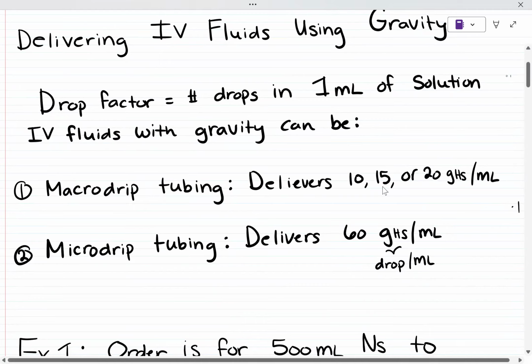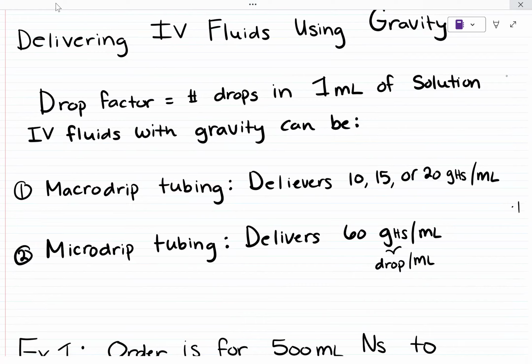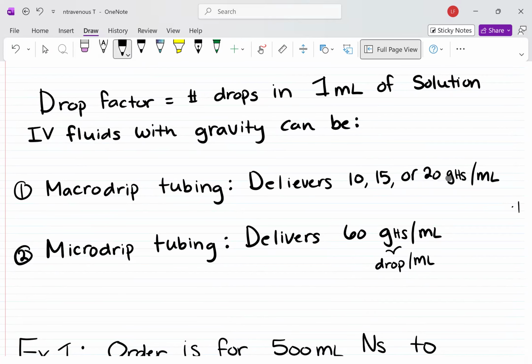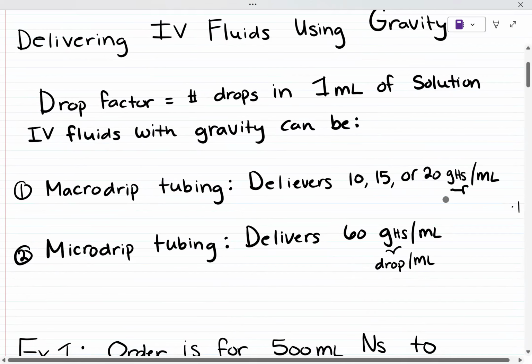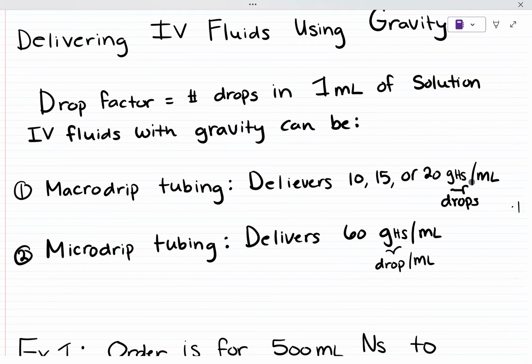So what does that gtt stand for? It literally means drops. So if you see gtts, that just means drops per milliliter. And then you can also have a micro drip tubing, which delivers 60 drops per milliliter.